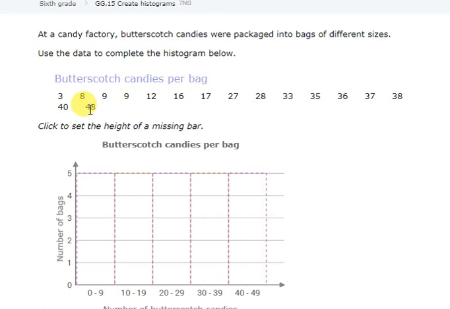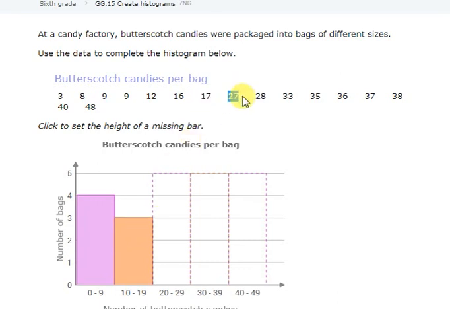Okay, now we have data, and according to the data we have to do this, and this is very simple. The best way is to do it one by one. The first one lies in this category. The second again lies in this category. The third again in this category. The fourth is in this category. Then the 12th we have in this category. Then 16 in this category, 17 in this category.